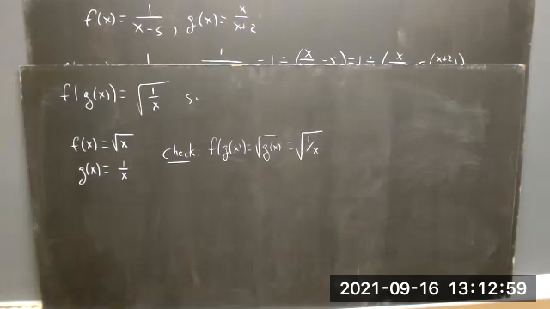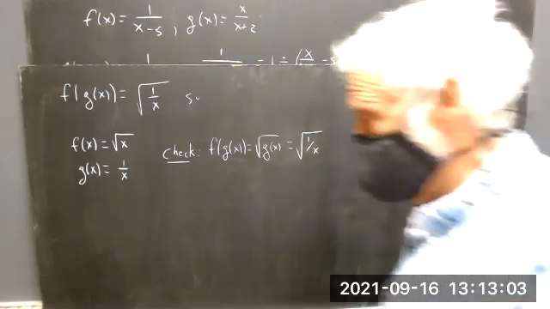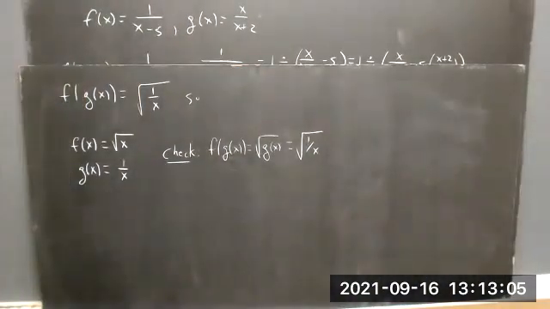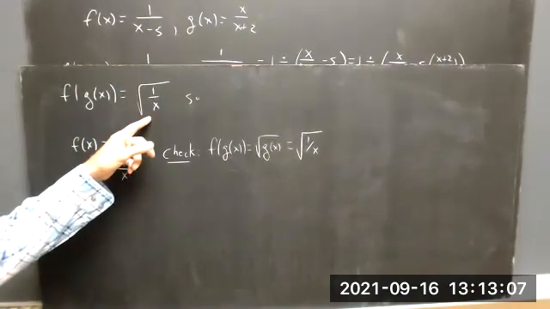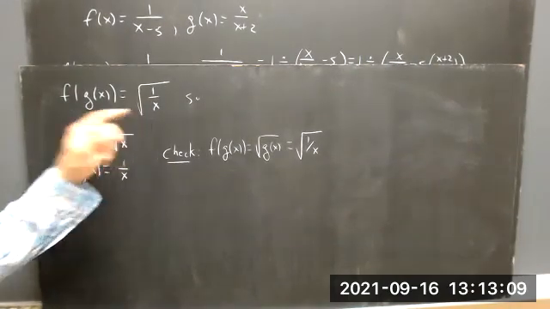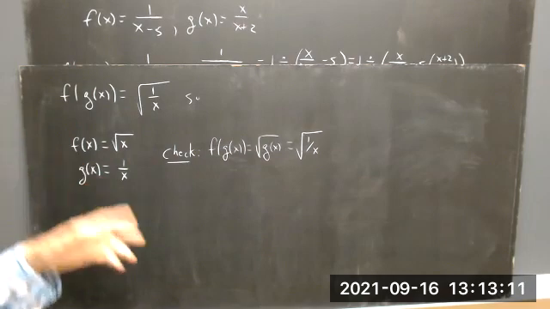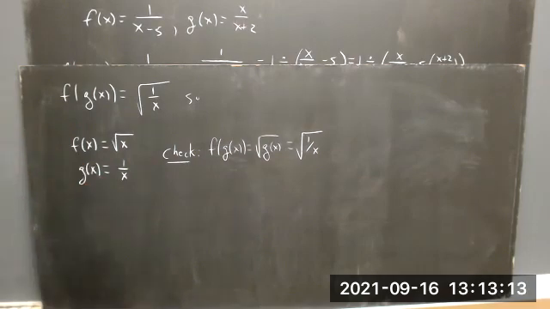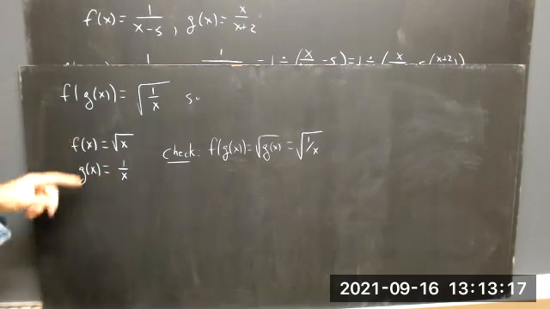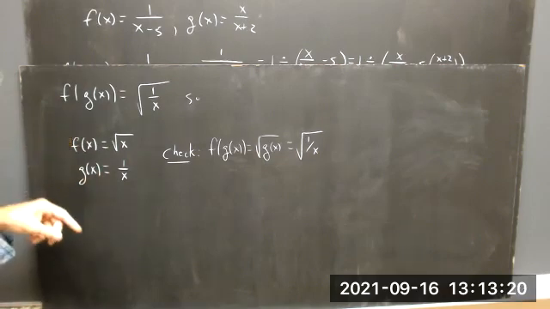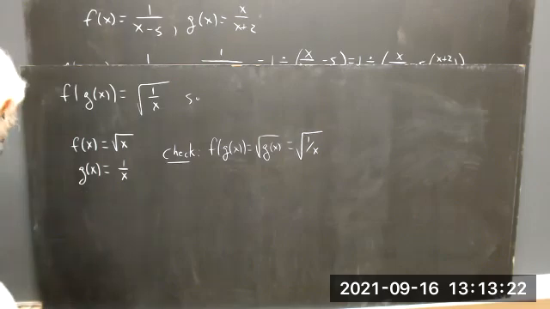Okay. If we ask you to take the derivative, and of course you don't know yet what that is unless you've had some calculus. If I ask you to take the derivative of the square root of 1 over x, then the chain rule says that in order to do the chain rule, you have to be able to decompose this. So the formula for the chain rule, I'll just write it down.